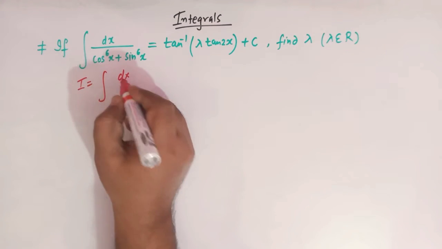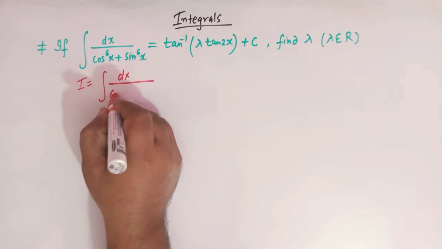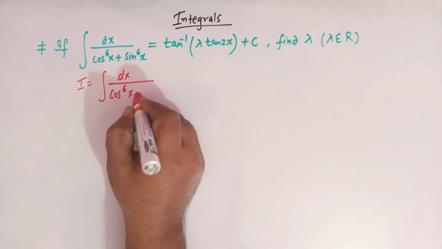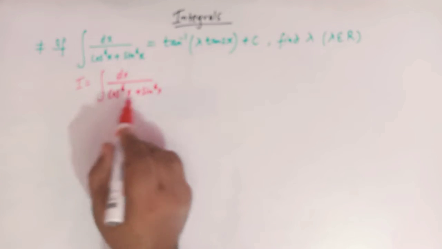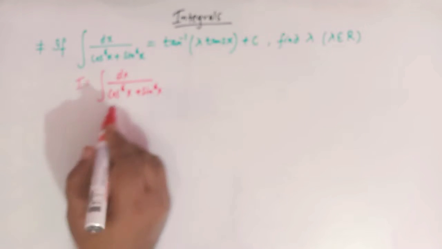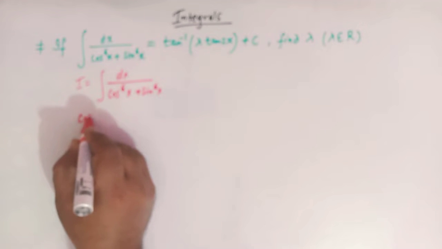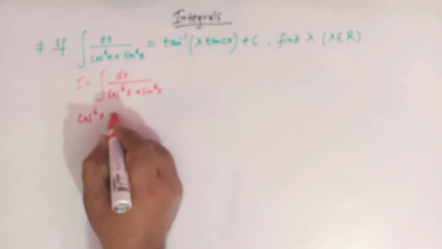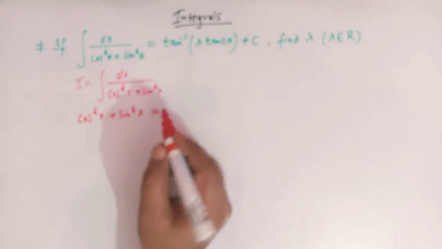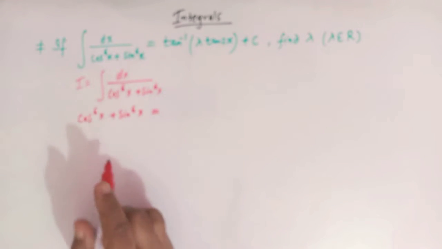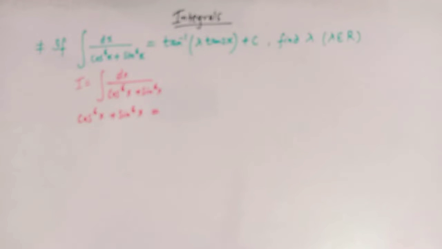So I is the integral of dx over cos raised to 6x plus sine raised to 6x, and here we see that in the denominator we have cos raised to 6x plus sine raised to 6x. Now let us first simplify this expression using some simple algebra.